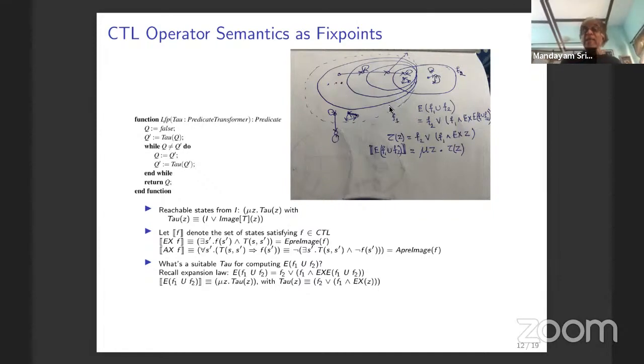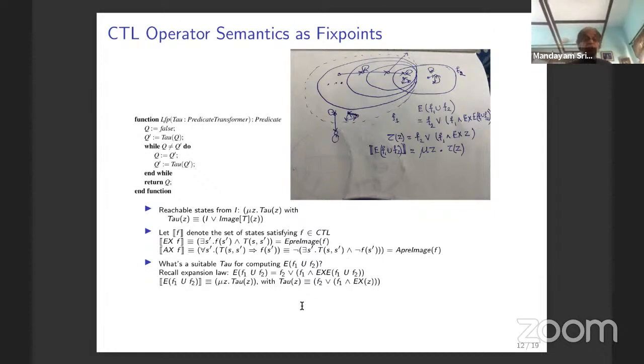You're only adding those states which satisfy F1 and that in one or more steps have a successor state that gets into F2. So states like these that I've shown here, although they are inside F1, do not have any successor going into F2 in one or more steps, so those will not get added.